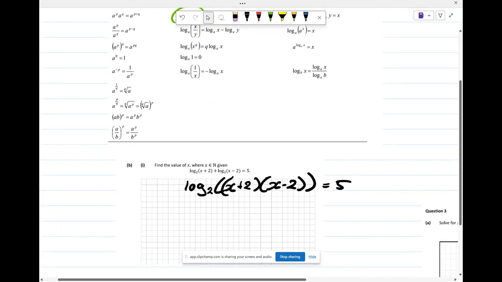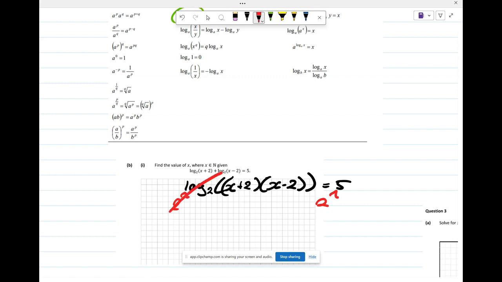Now what's the opposite? Our x's are stuck in a log. What's the opposite of a log? Raise everything to 2. This will cancel with that. So then we have x plus 2 times x minus 2 is equal to 2 to the power of 5, which is 32.